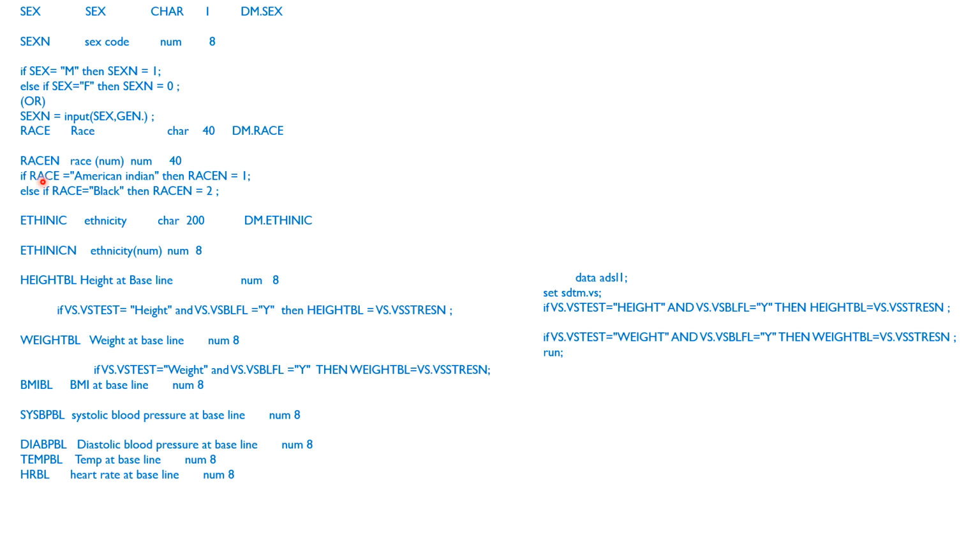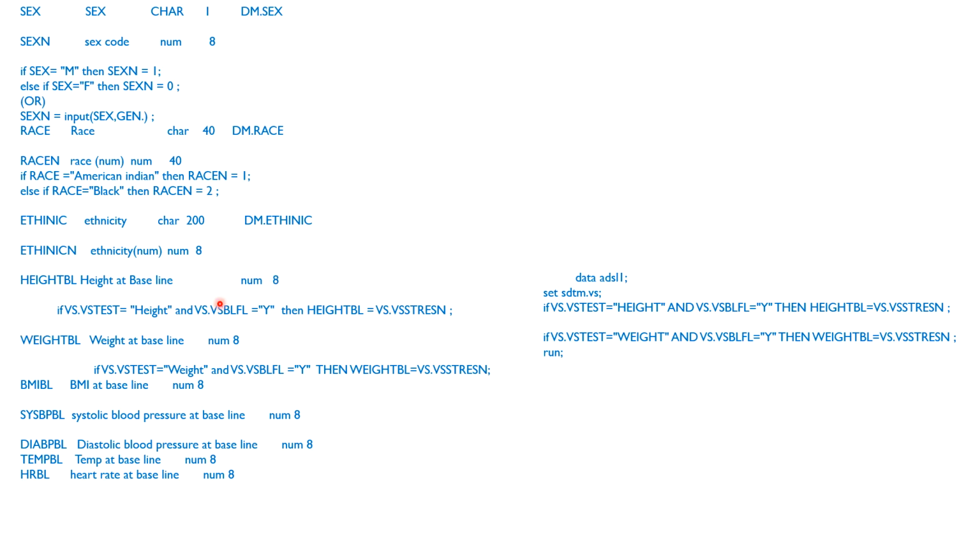In the same way, for race and ethnic also we are creating numeric variables, a number for each value. Like if race contains American Indian, that is one number. Black, that is two. In this way, we are creating the extra numeric variables.